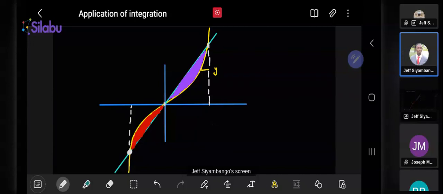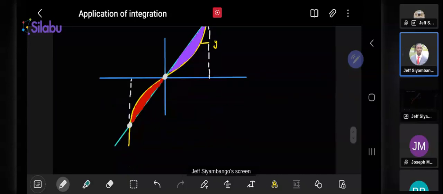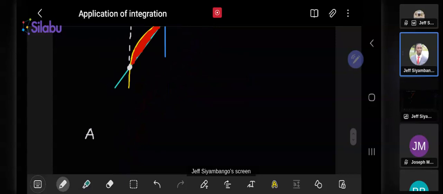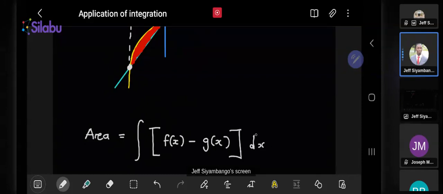Now, instinctively, you want to say that area is equal to the integral, and then just like before, the upper boundary minus the lower boundary. But what you have to observe here is the functions are swapping. What is the upper boundary changes.